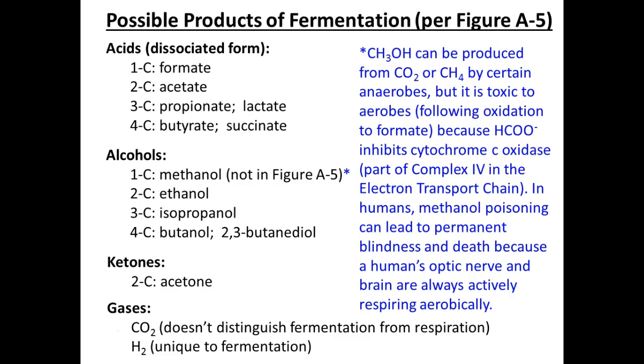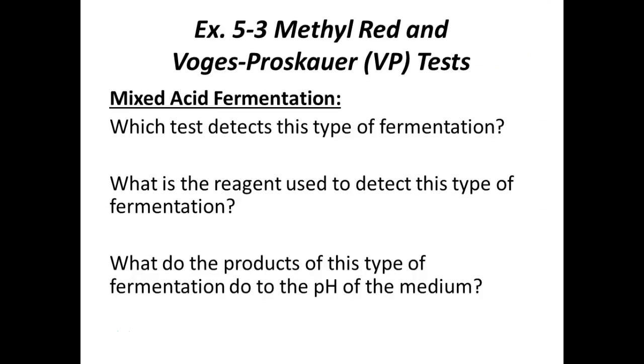Or isopropanol, for that matter. And because it interferes with our aerobic respiration, with our electron transport chain, it really, for humans, will affect the brain and the optic nerve, because those are constantly working, right, all the time. I don't know about when we're sleeping, but the brain's definitely working. I don't know about the optic nerve so much.